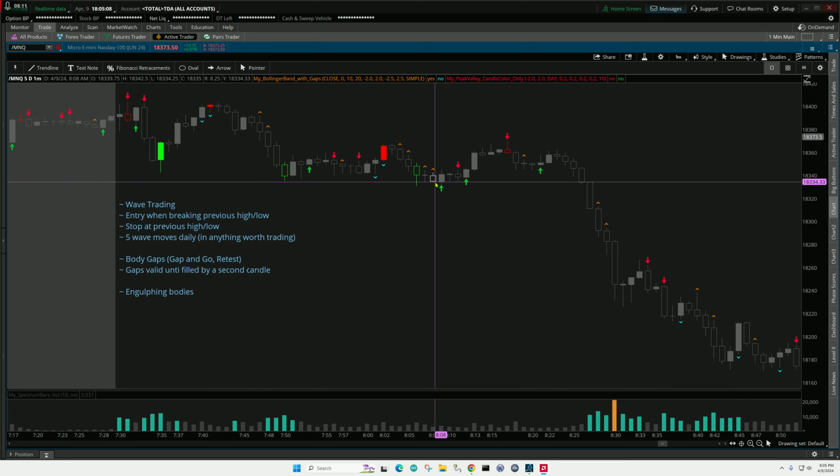Can't really go short until price closes below the previous wave low, body low, which would be right here where I'm flashing my cursor. You can take the risk short when you see price going candle body under candle body. So this candle body is underneath this candle body. If you take the short here, then once again, your stop is back up here, at the previous wave high.